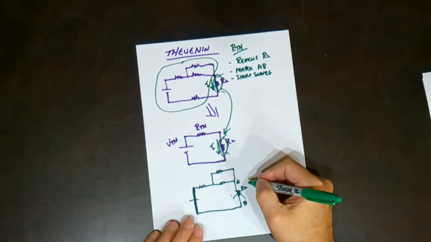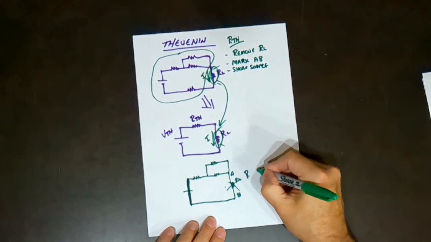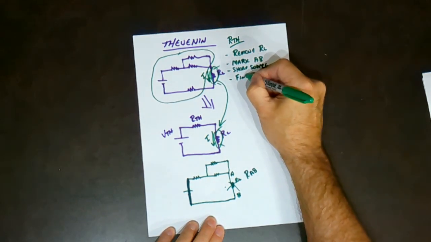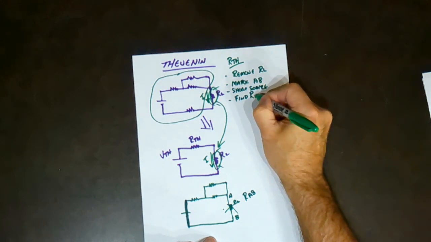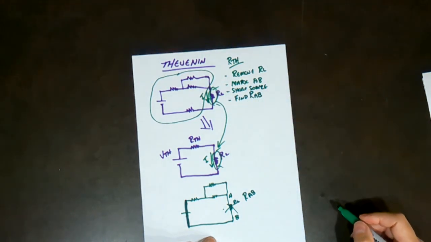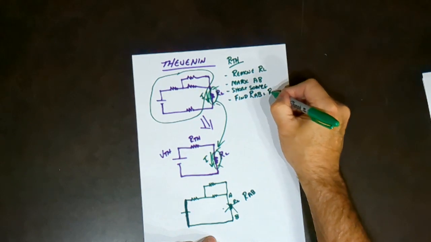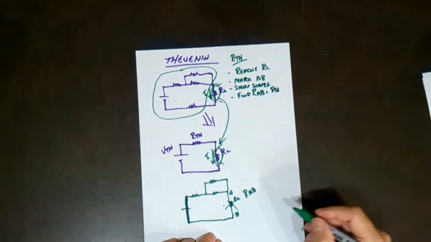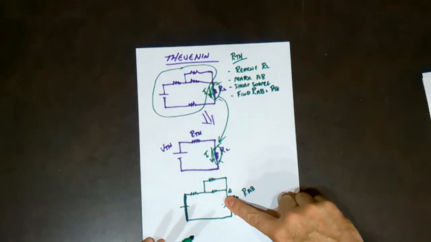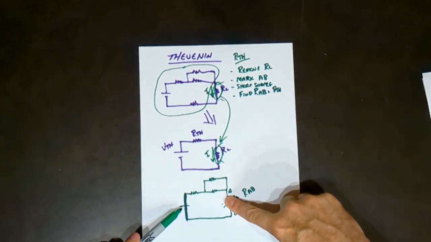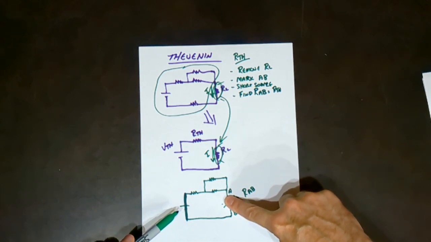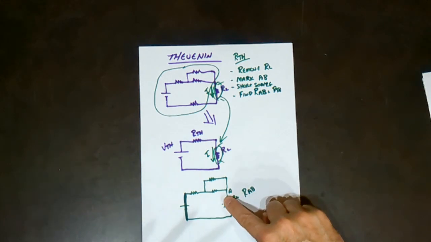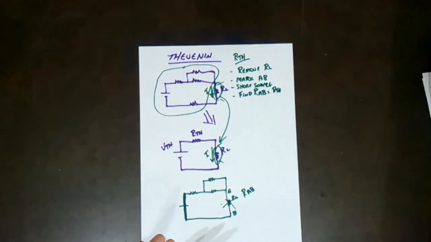And now you're going to find the resistance from A to B. So find RAB, and that is Thevenin's resistance. So you get rid of the load, take the load away, mark it A, B, short out the supply, and find the resistance from point A to point B, and that resistance is Thevenin's resistance.